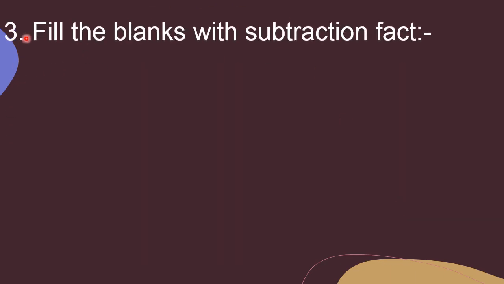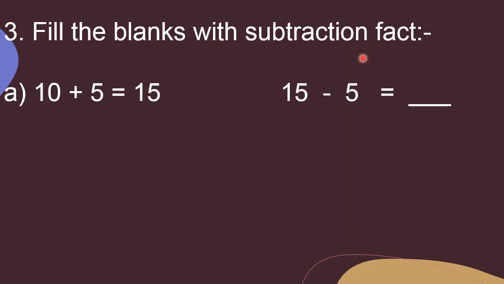Now in question number 3, fill the blanks with subtraction fact. So beta, we learn about subtraction fact, okay, or we can say the relationship between addition and subtraction. Okay, so here you can see we have given 10 plus 5. So when we add 10 plus 5, our answer is 15.